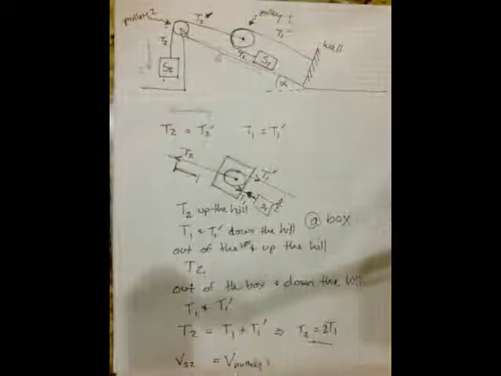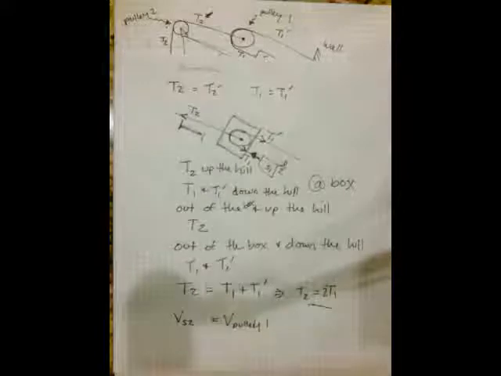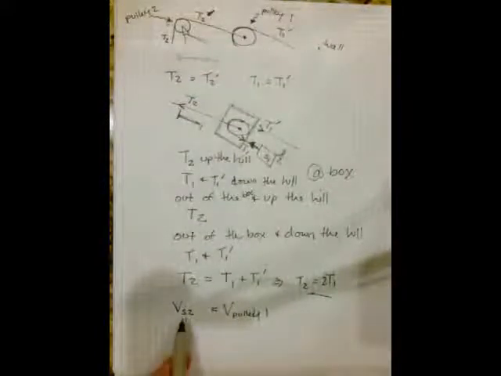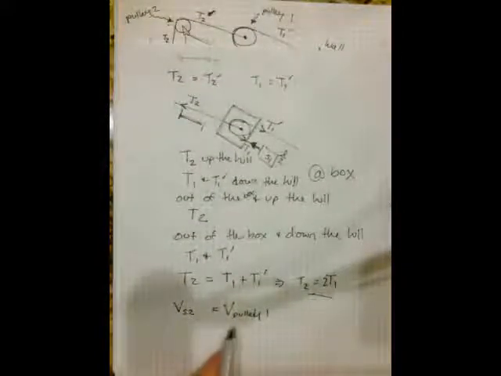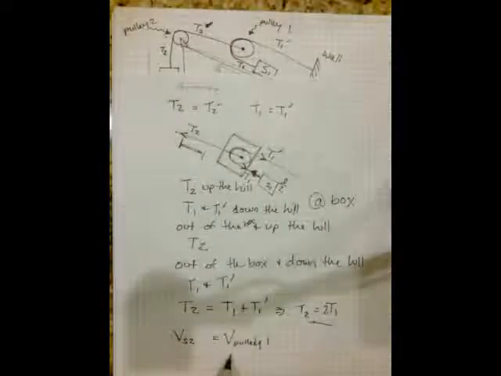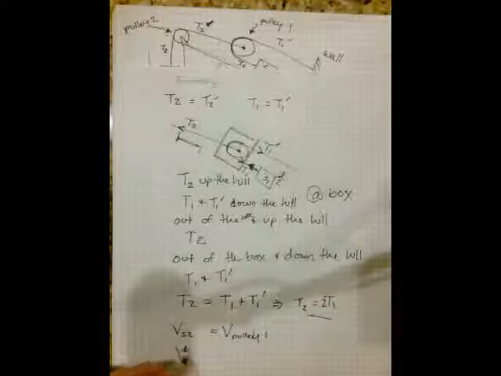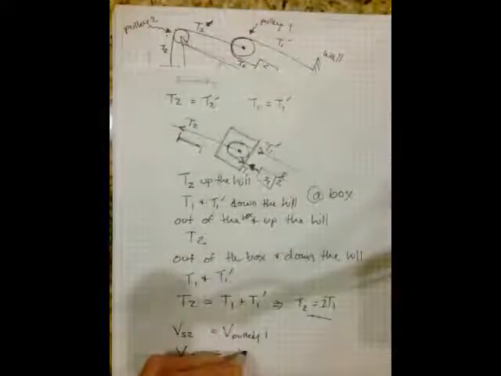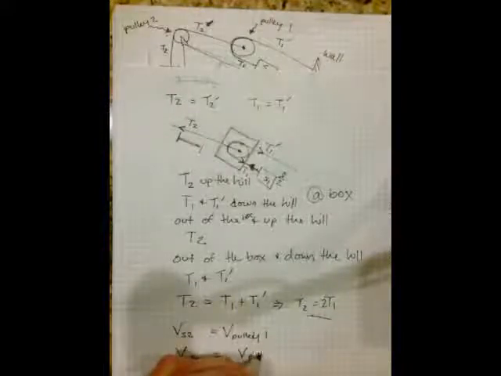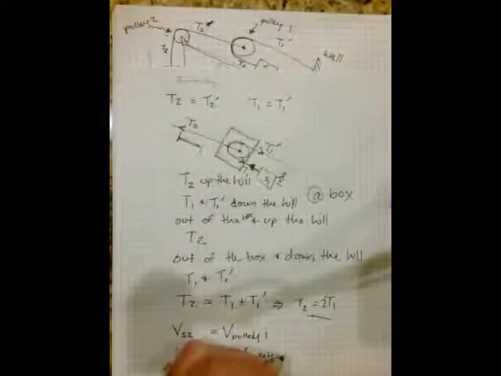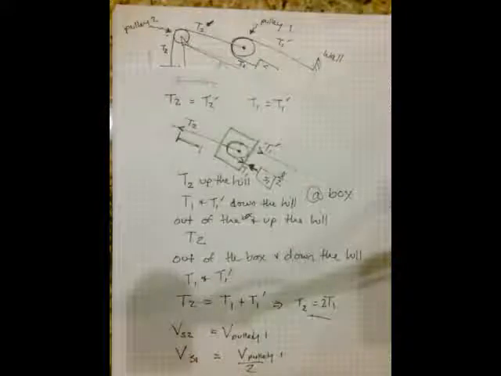what we're going to conclude, if I can crowd out my diagram here, is that the velocity of block 2 is the same as the velocity of pulley 1, but the velocity of block 1 is only half the velocity of pulley 1.